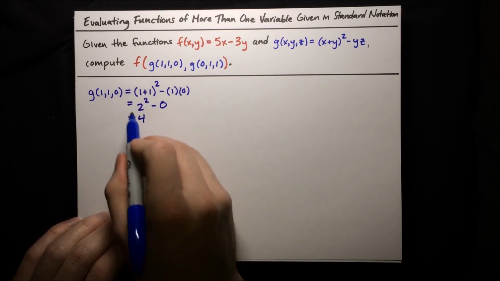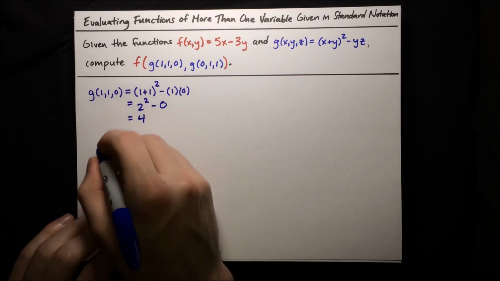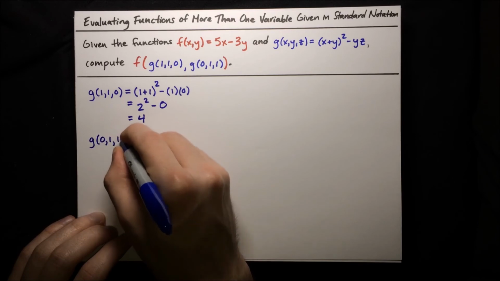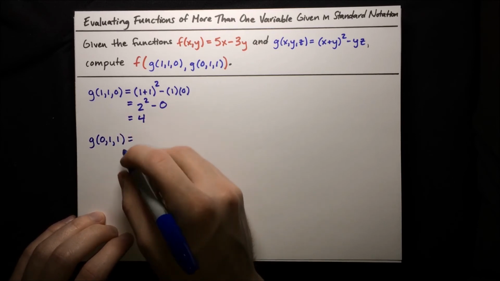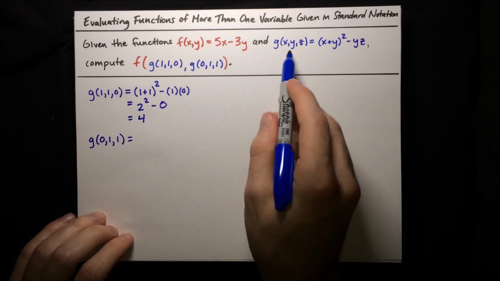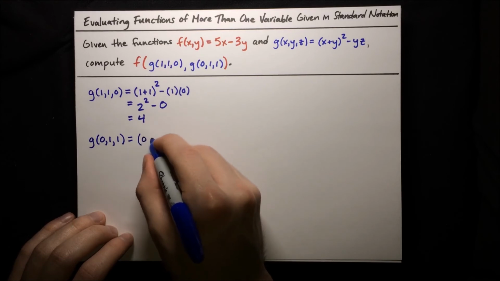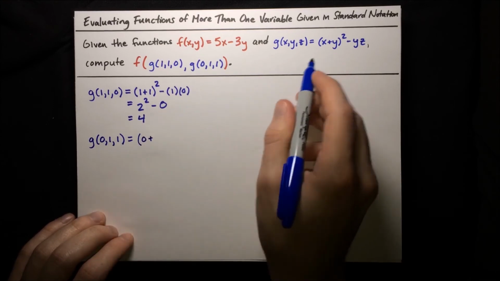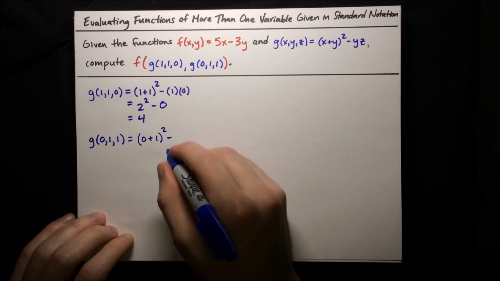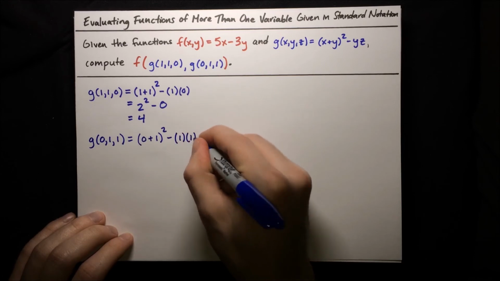Okay, so the first input is 4, and then the second input is g of 0, 1, 1. And what is that? Well, we'll just do the same thing, sub in 0 for x, 1 for y, and 1 for z. So let's do that. 0 for x, so we've got 0, then plus 1 for y, 0 plus 1 squared, minus y times z. y and z are both 1, so minus 1 times 1.